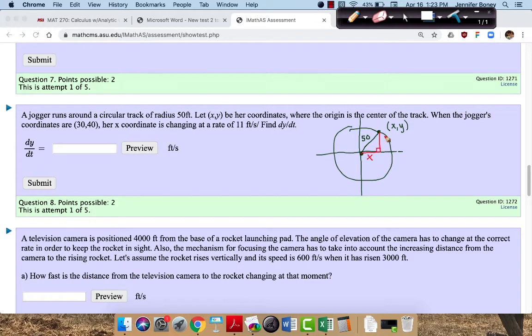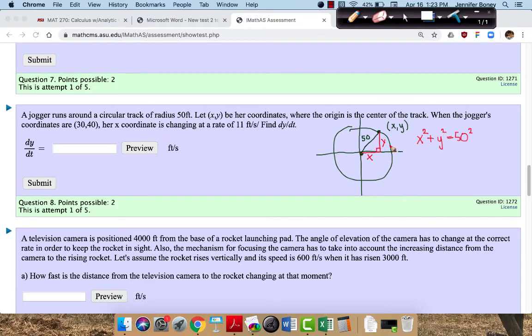And x and y, regardless of the position, they'd have negative signs in other quadrants, but x squared plus y squared equals 50 squared, just Pythagorean theorem stuff in this triangle, or this is also the equation of a circle with radius 50, centered at the origin in the xy plane.